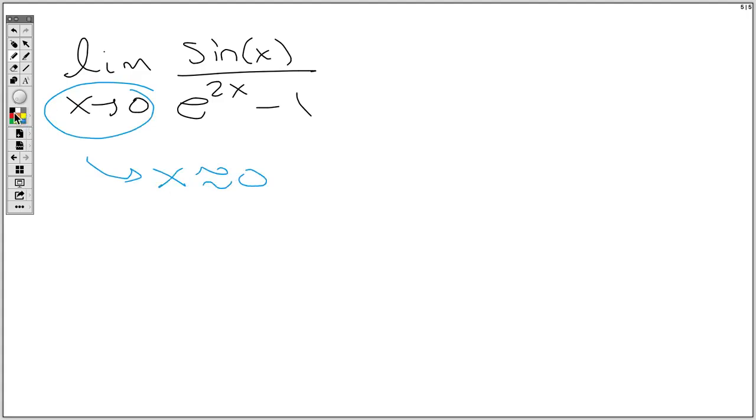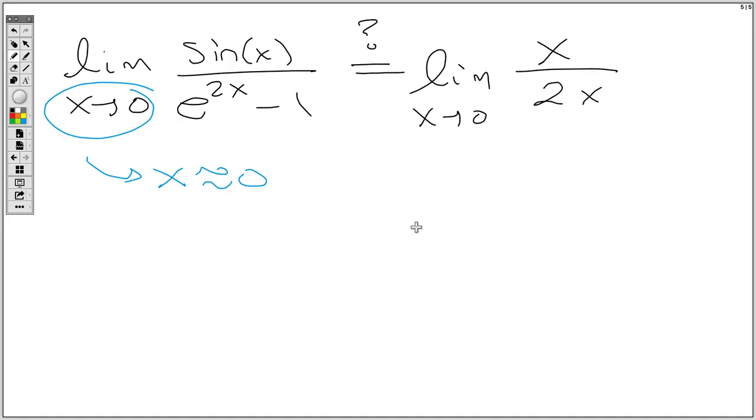It stands to reason, and I'll put a question mark there, that when x is close to 0, I can approximate sine x by x and e to the 2x minus 1 by 2x. Now, this is still an indeterminate form, but what can I do with the x's here? Factor, or cancel. And what would I be left with then? 1/2.